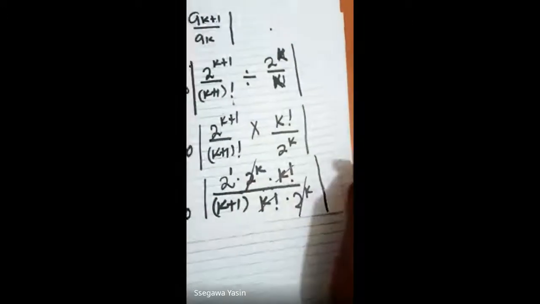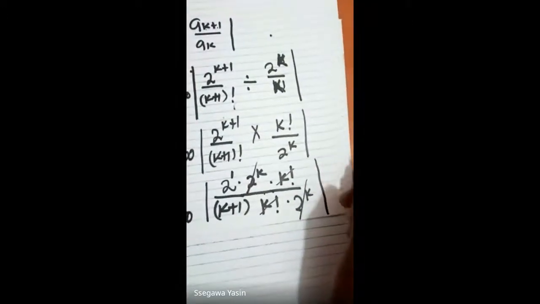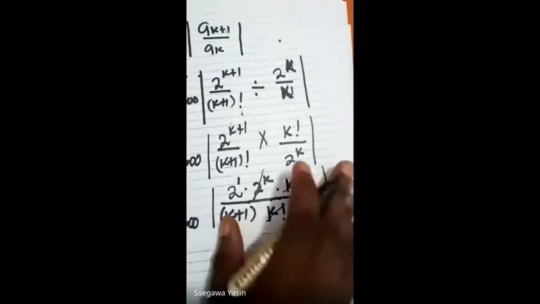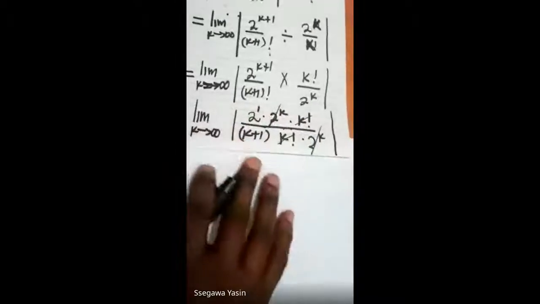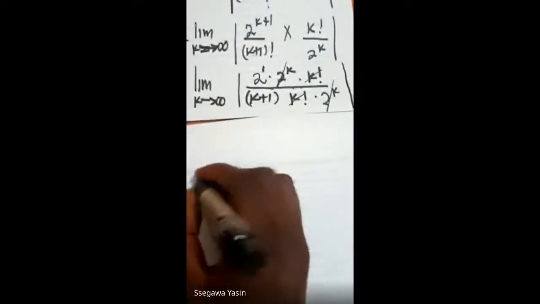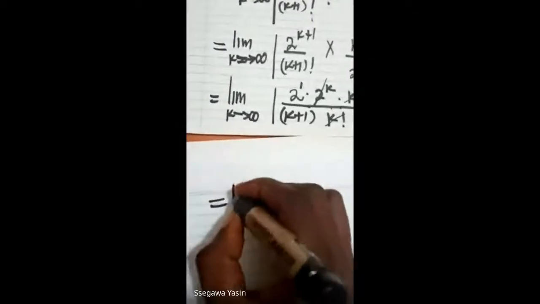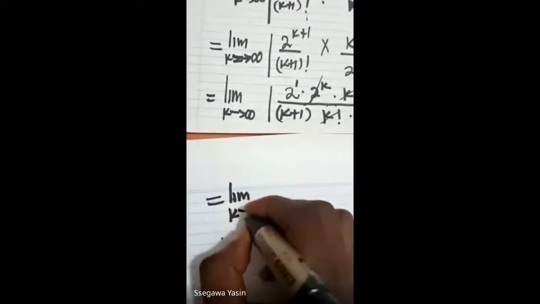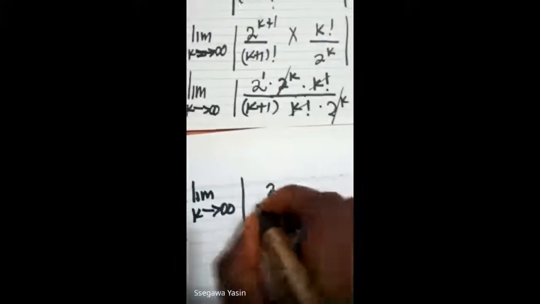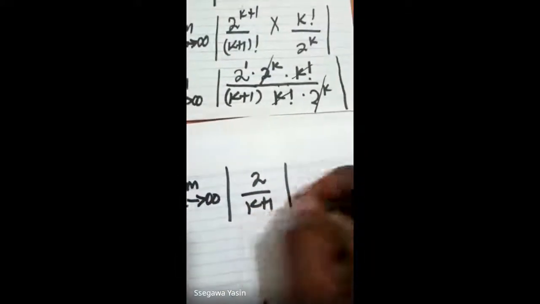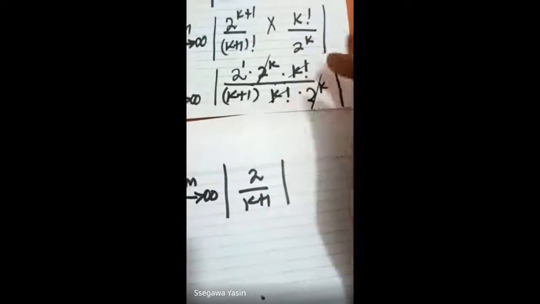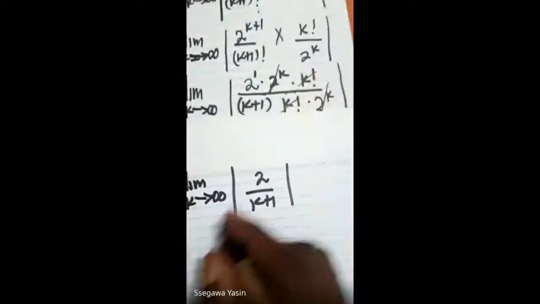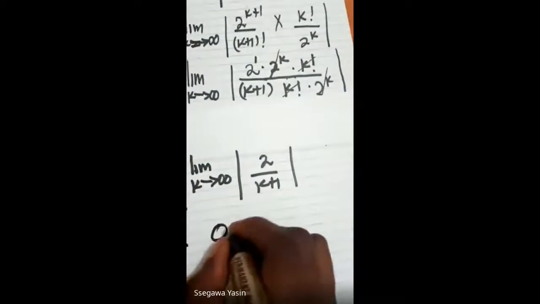After the lecture, you will look around and see that it is easy. You have these things in your handout, so it is not a big deal. So you see this is 2 over k plus 1. Taking the limit, we get 0.